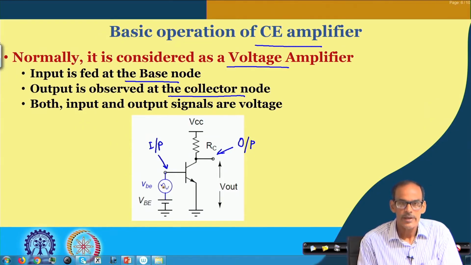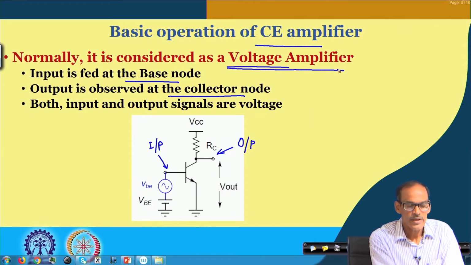This same CE amplifier may be considered a current amplifier, transconductance amplifier or transimpedance amplifier, depending on our specific interest, but unless otherwise stated, the CE amplifier is considered a voltage amplifier.